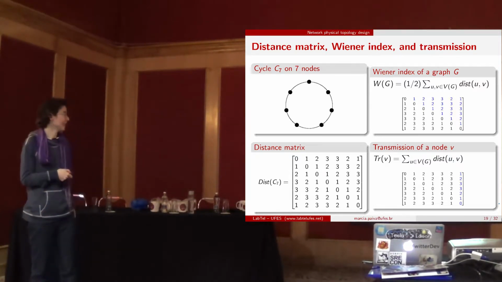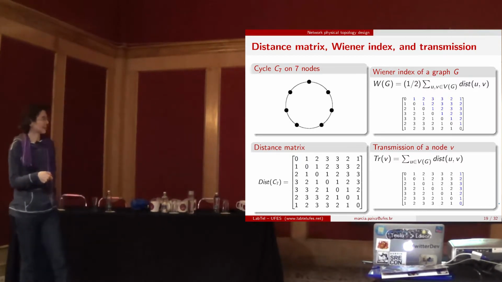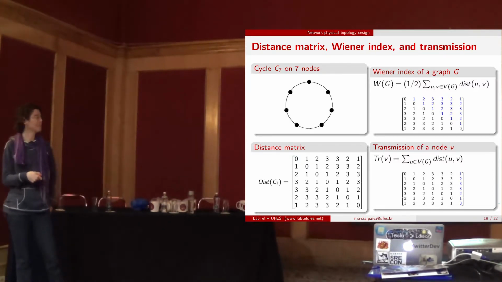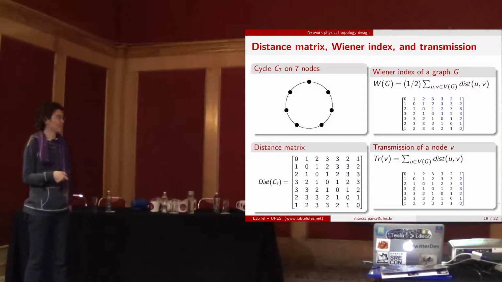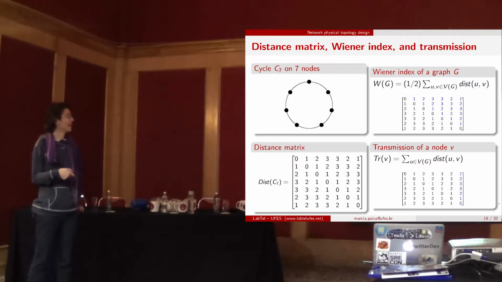So if you take the distance matrix of a graph, here's an example for the cycle on 7 nodes, we put for each entry of the matrix the distance, that is the number of links in the shortest path between these two nodes. And you do that for every pair of nodes. Then you sum and take the half part.